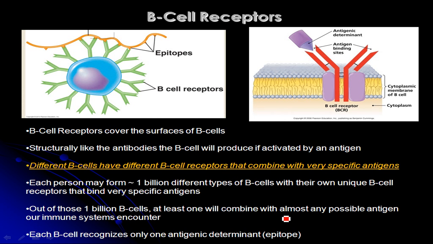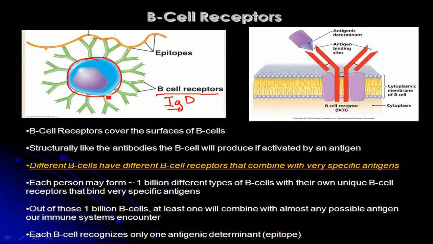Okay, so as we talked about before, here's a typical B lymphocyte, and the surface of that B lymphocyte or B cell is going to be completely coated with B cell receptors. And remember, we also talked about how those B cell receptors are actually IgD type antibody molecules, but they're just embedded all over the surface of that B cell instead of floating around in body fluids.